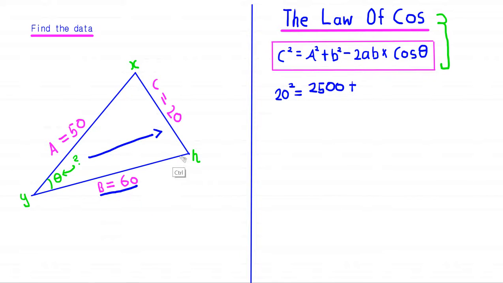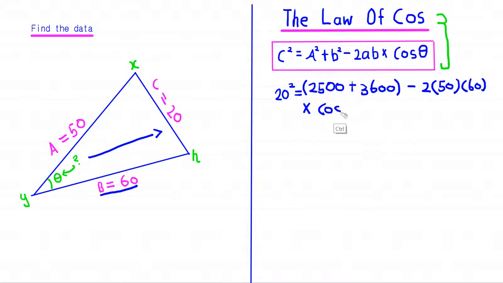B is equal to 60. 60 squared is equal to 3,600. Minus, I'll write parentheses to not be confused, minus 2 times a times b, where a is 50 times b, which is 60, and all of that times cosine of theta.